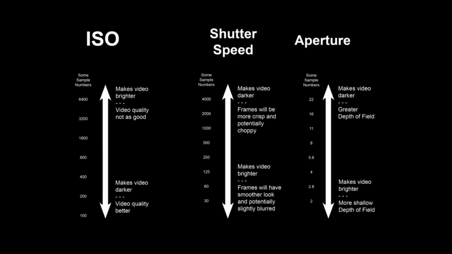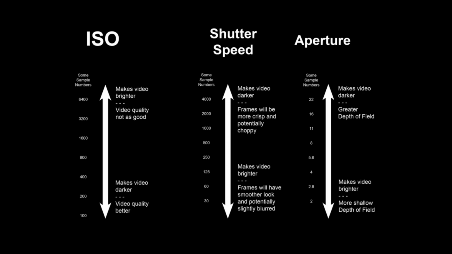And if we take a look at that, what you would see is that with the ISO, the higher numbers let more light into the camera and the lower numbers let in less light. Shutter speed and aperture are both opposite of that. The higher the shutter speed number, or the higher the aperture number, the less light that's coming in, and the lower the number of shutter speed, or the lower number of aperture, the more light that's coming in.